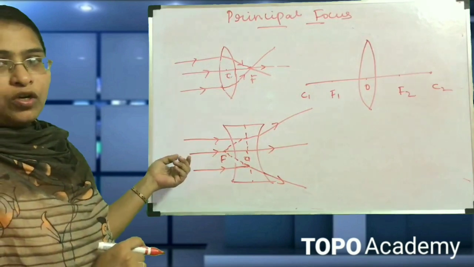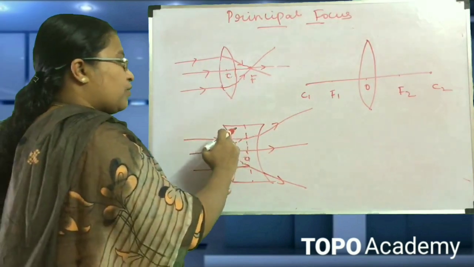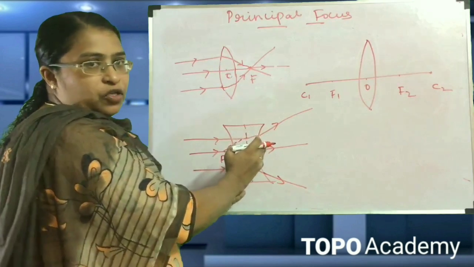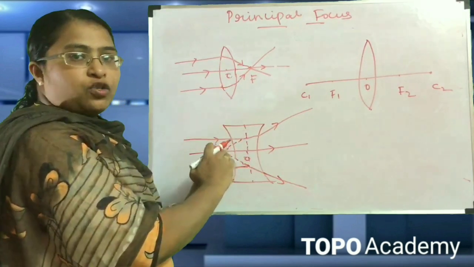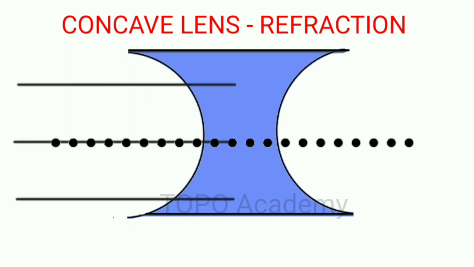In case of a concave lens also, it has two refracting surfaces. This is refracting surface 1 and this is refracting surface 2. So here also we will get two principal focus, F1 and F2.